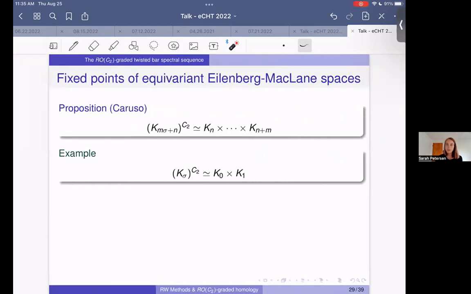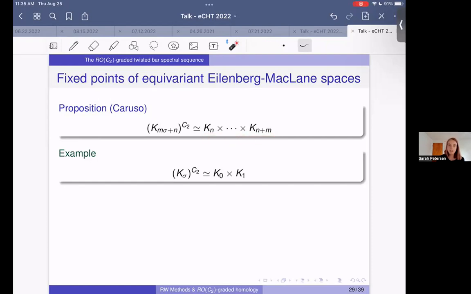So that's motivation for using the Behrens-Wilson computational lemma. And in order to use that lemma, it's helpful to know the fixed points of the equivariant Eilenberg-MacLane spaces. So there's a proposition due to Caruso, which says that if we're looking at the M sigma plus nth Eilenberg-MacLane space, the C2 fixed points of that space is going to be a product of non-equivariant Eilenberg-MacLane spaces.